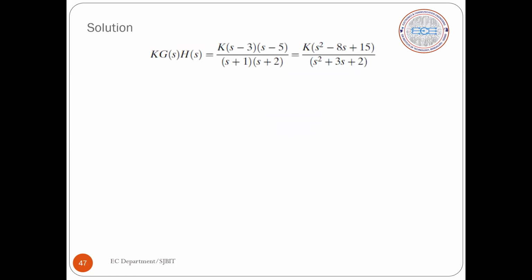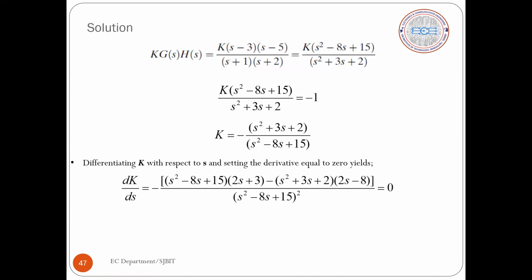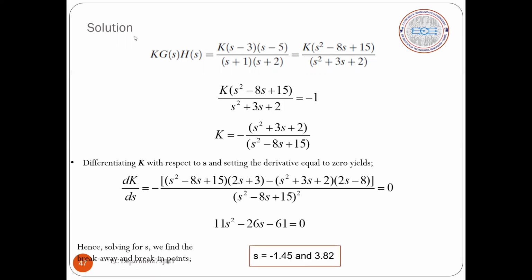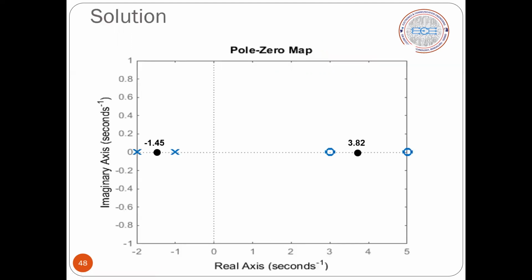This is how we are doing it. Differentiate this, equate that to 0. You got 2 points. These are called breakaway points or break-in points.